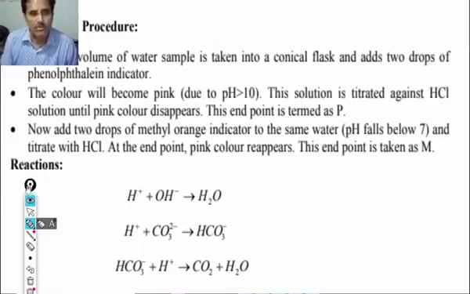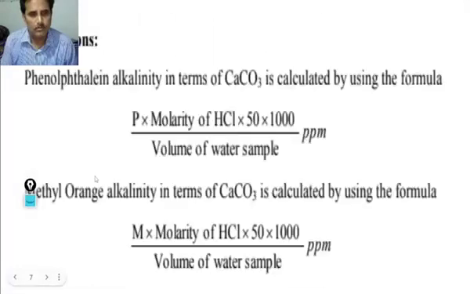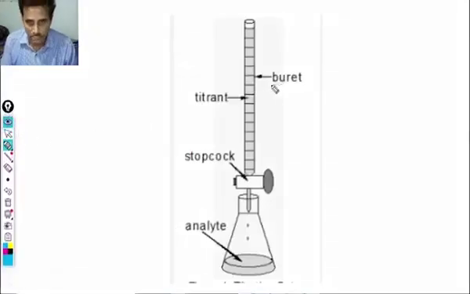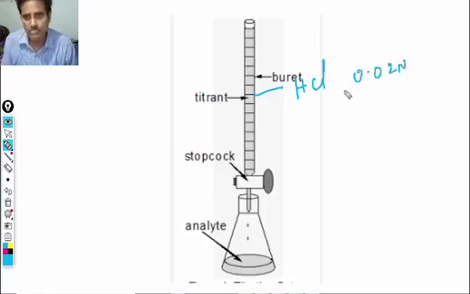Okay, so now in this procedure, if you see, this is the burette, where generally we take the HCl solution, 0.02 normal HCl, in the estimation of alkalinity of the water sample.